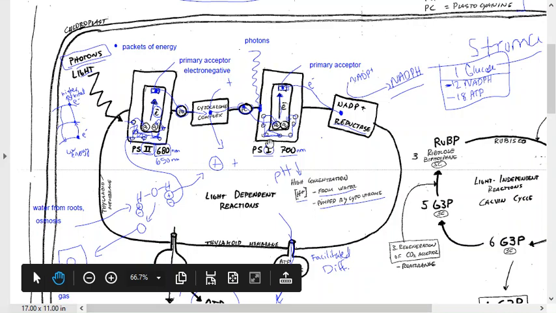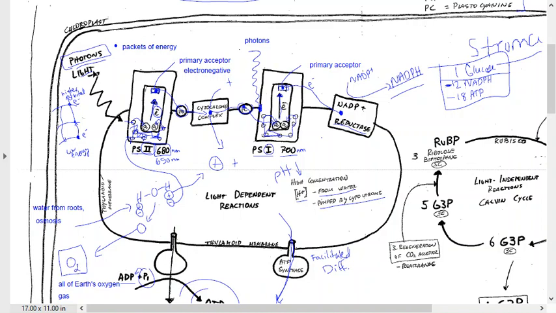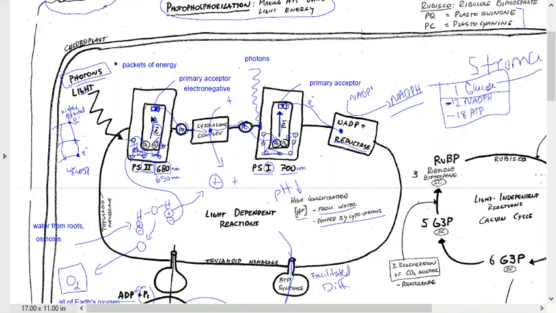Here's the chloroplast. Here's the thylakoid membrane that contains the pigments. You have two clusters of pigments called photosystems, photosystems 2 and photosystems 1. As they get bombarded with photons, they each are going to have electrons that get excited. Those electrons get passed to the nearest electronegative thing.